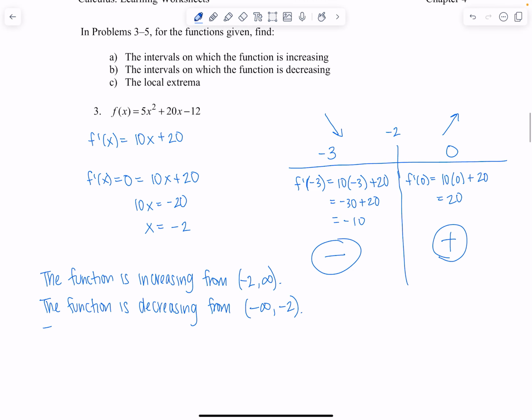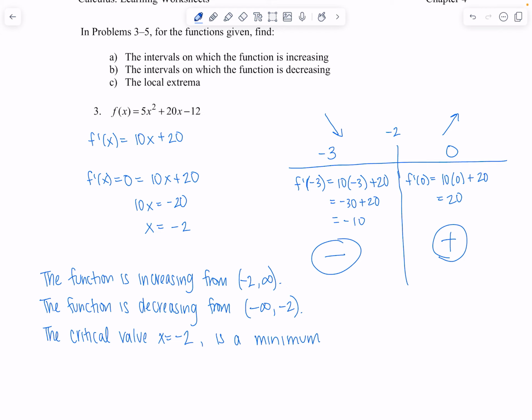So the critical value -2 is a minimum. And we can even find the point that the minimum is at by just plugging -2 back in.